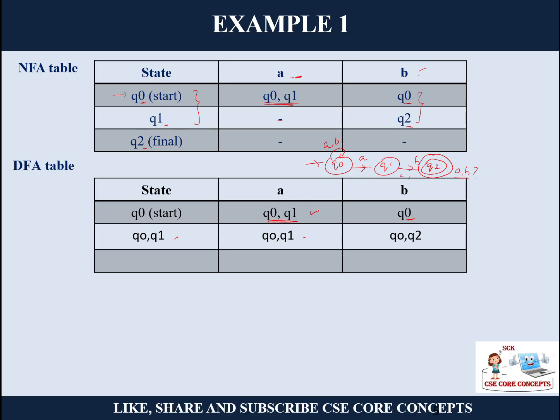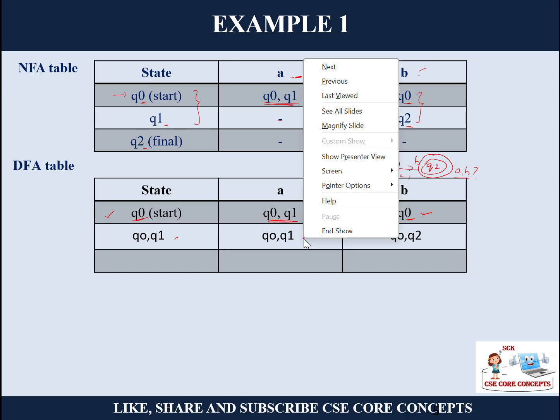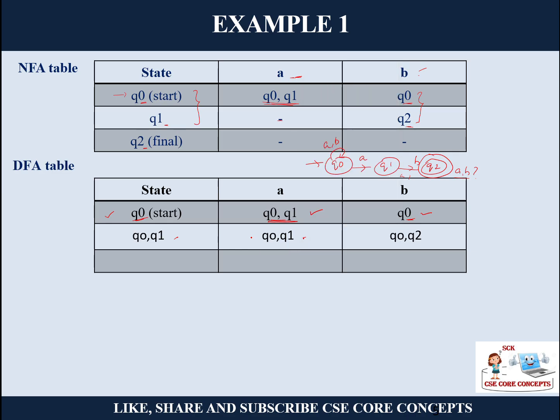This one is traversed. Now come here, Q0. Has Q0 been traversed? Yes, it has already been traversed once, and if it has already been traversed, you don't need to repeat it. Now come to the next row. This has not yet been traversed, so let us go to the Q0, Q2 state and see this combination.